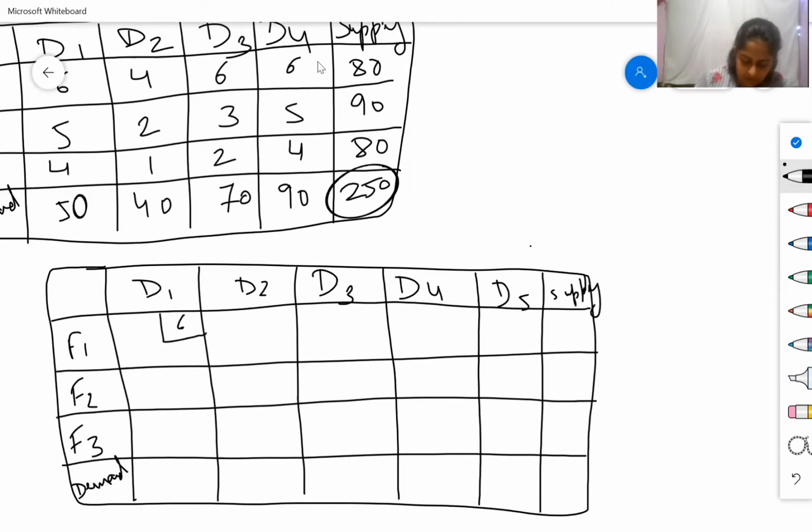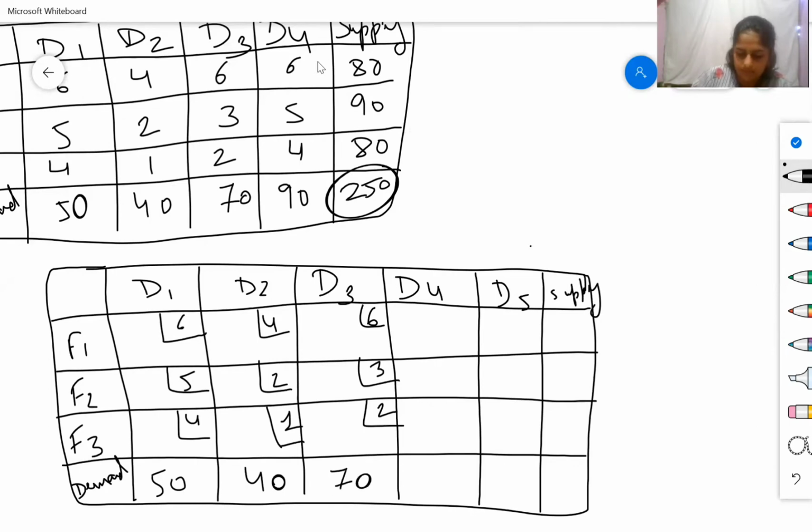We have 6 here, 5 here, and 4 here, and 50 as demand, 4 here, 2 here, 1 and 40, 6, 3, 2 and 70, 5, 4, 6, 5, 4 and 90.